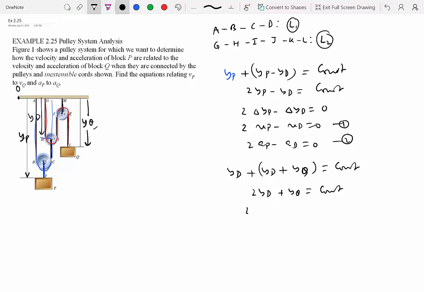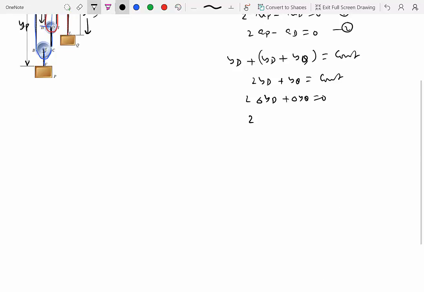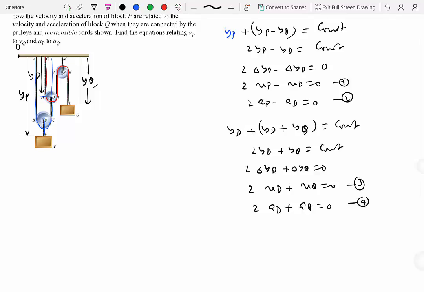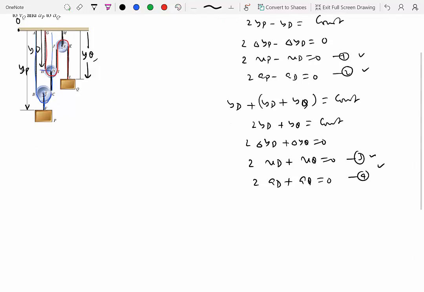So if I apply delta, I get 2 delta YD plus delta YQ equal to 0. If I differentiate it, I get 2 velocity of D plus velocity of Q equal to 0, and differentiate once more, I get that. So let's call these 3 and 4. From 1, 2, 3, and 4, I can get rid of the velocity of D because we don't need that.